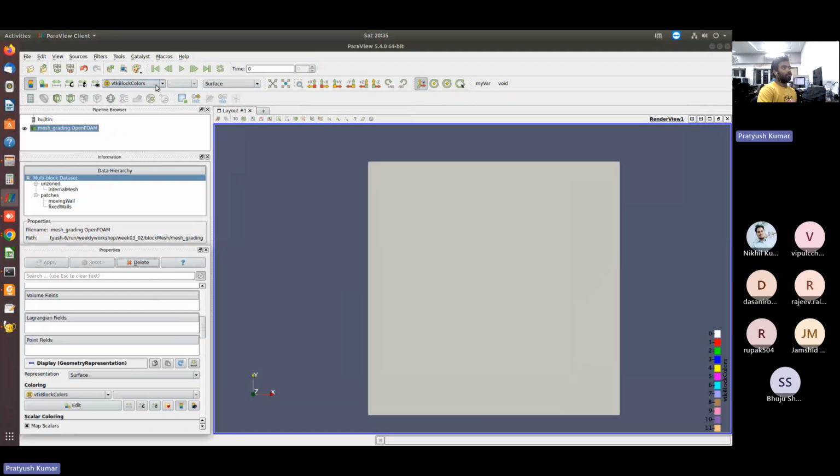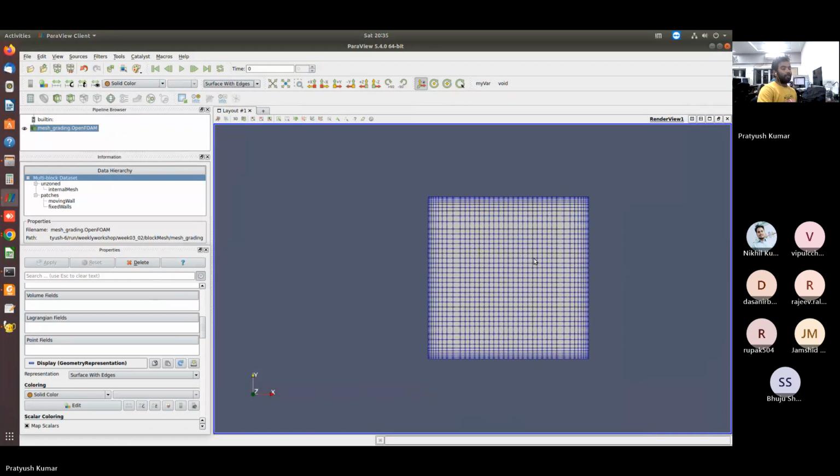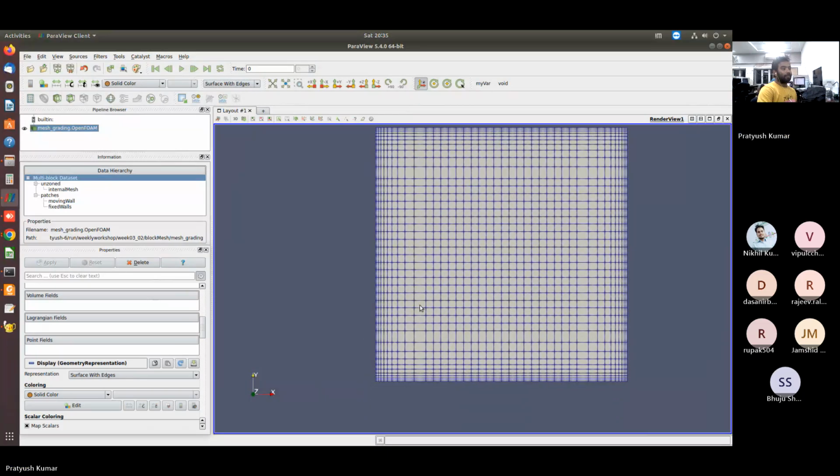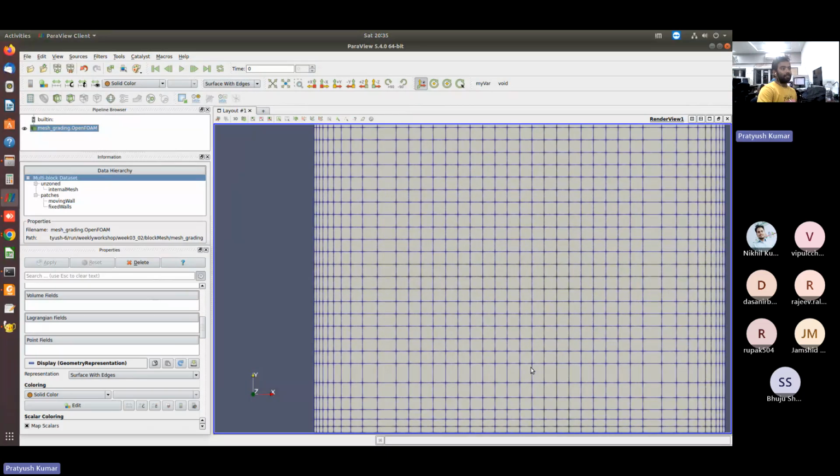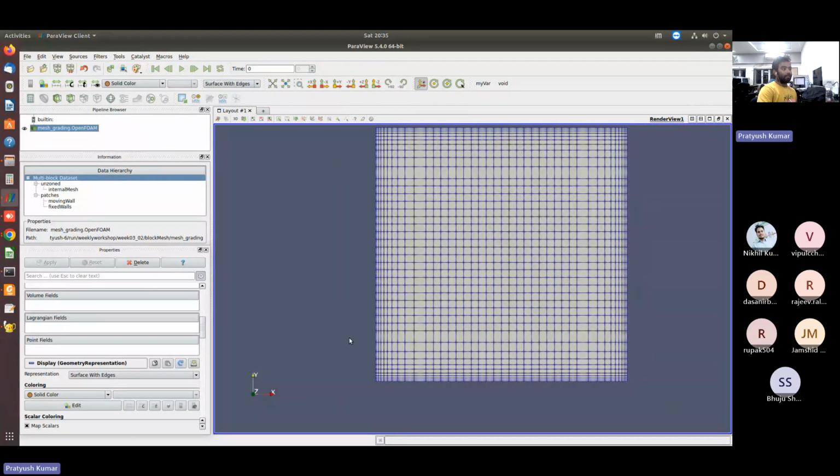Okay, so now we are able to open the mesh, and you can see here that this is the x direction and this is the y direction.